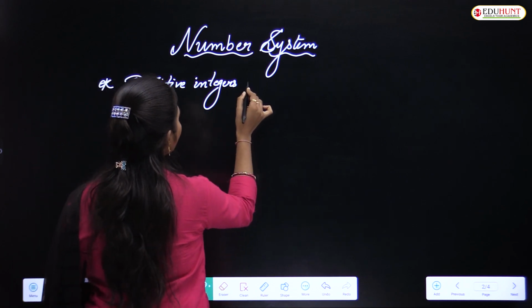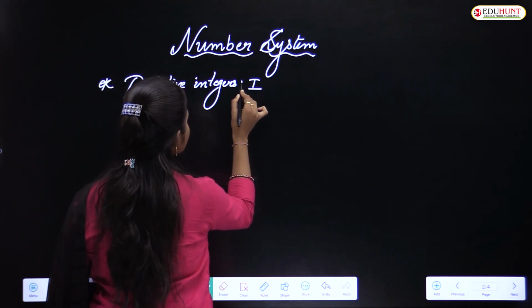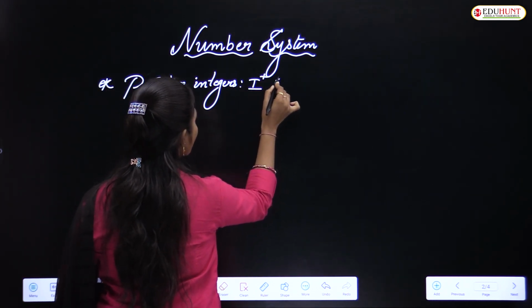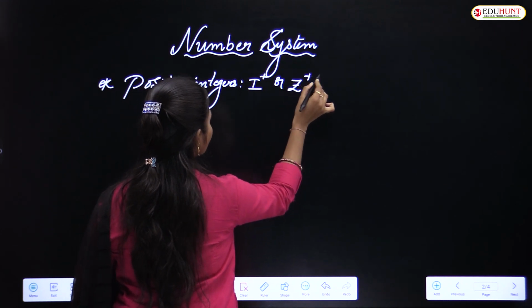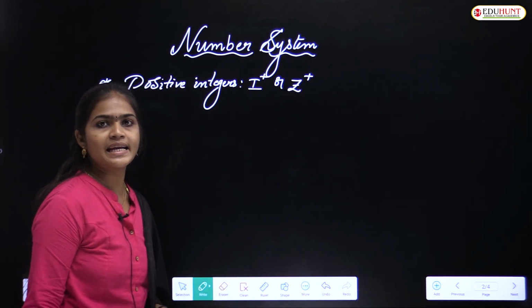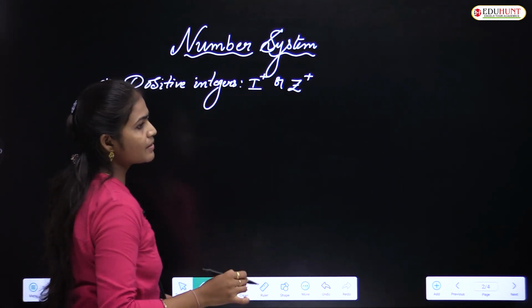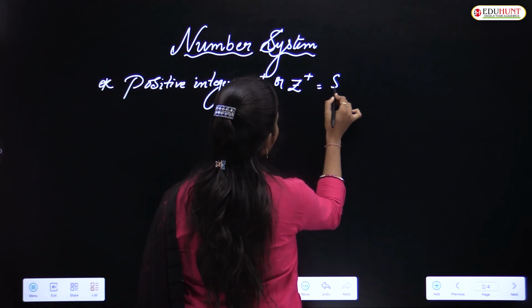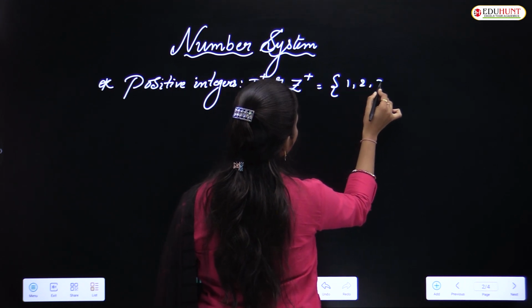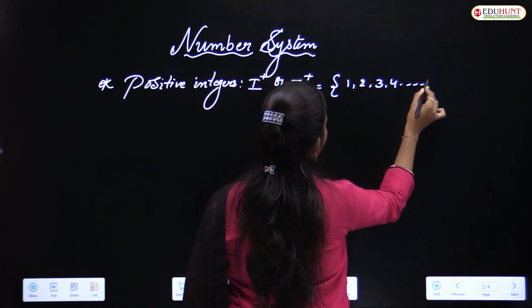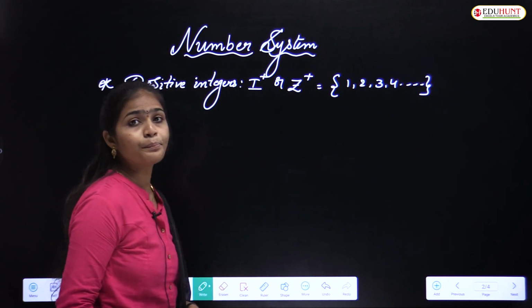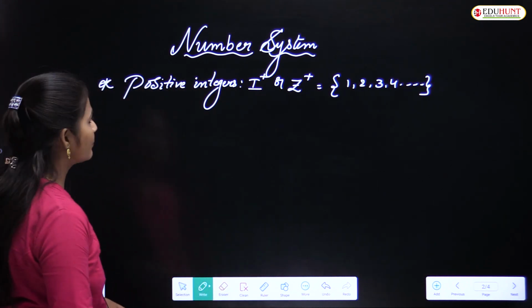The positive integer set is represented with I plus or Z plus. That set has 1, 2, 3, 4 and so on. That is the positive integer set.